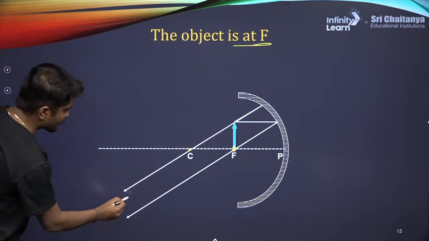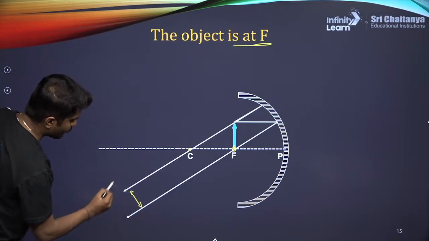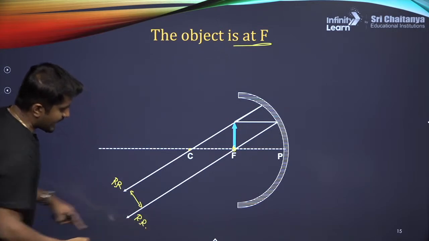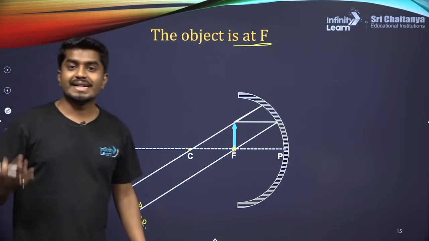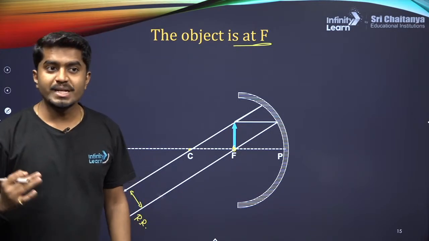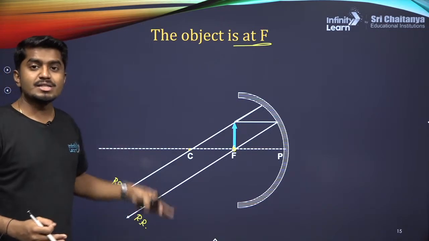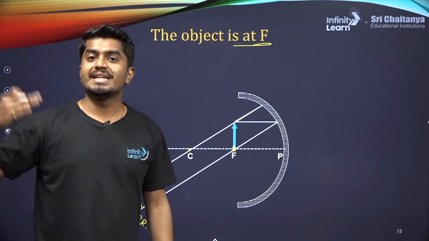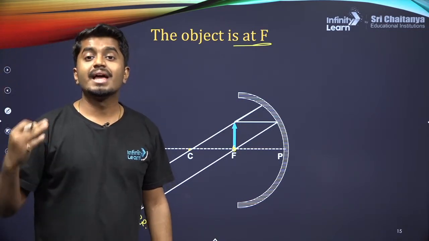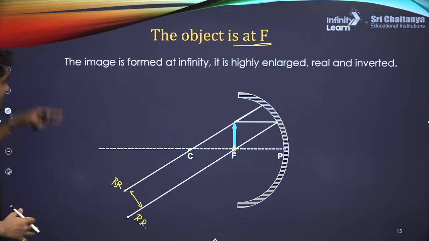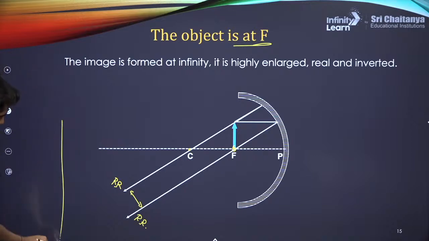Now you look at these two rays, both of them are reflected rays. These reflected rays are never going to meet. Why? These are parallel lines. So are these going to meet? Either they will meet at infinity or they are never going to meet. So what we can say is that the image will form somewhere here.